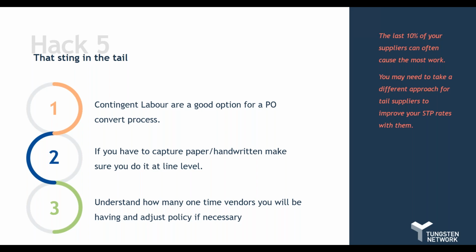Then you're probably going to get some paper and handwritten invoices out there, and you're probably going to have to use some kind of OCR technology to capture them in. But the one thing I would say is always do it at line level. Capturing OCR details at header level just causes so many downstream problems that it isn't worth it. Always try and capture that data at line level.